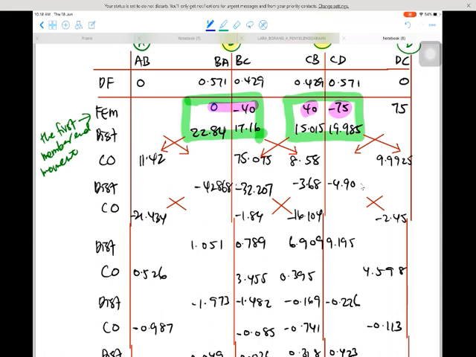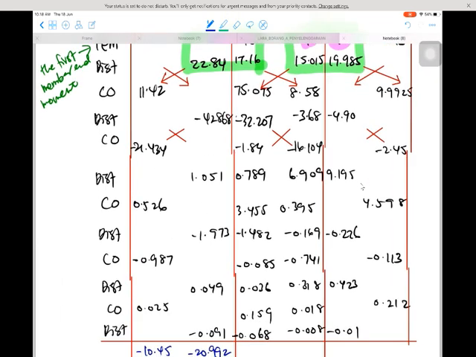For BC, we start with negative 40 plus 17.16 plus 75.075 minus 32.207 minus 1.84 plus 0.789 plus 3.455 minus 1.482 minus 0.085 plus 0.036 plus 0.159 minus 0.068.